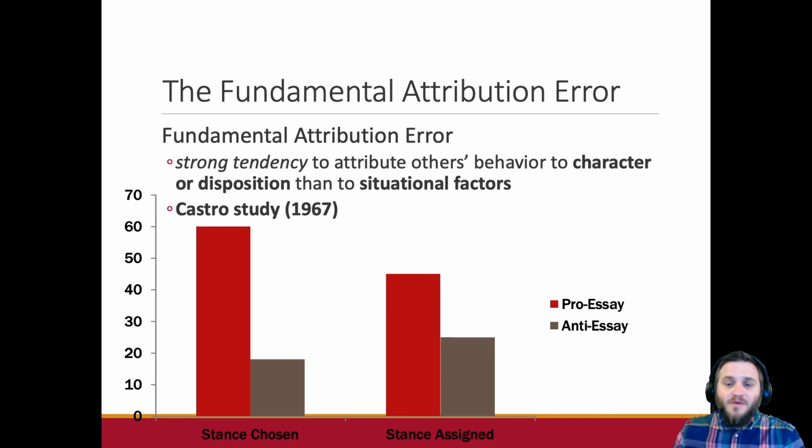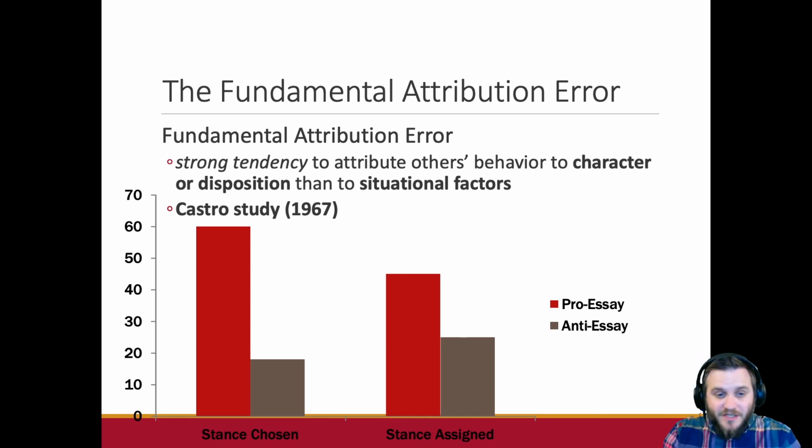They thought the person who wrote the essay was a super strong Castro supporter. And people who were given the anti-communist essay, the anti-Castro government essay, they didn't rate them as strong.